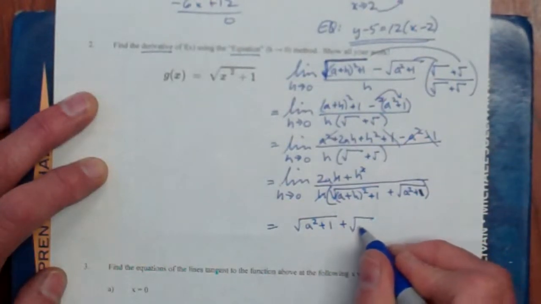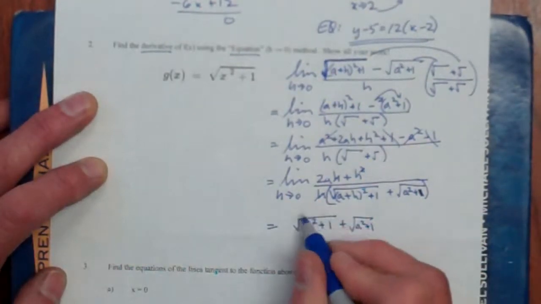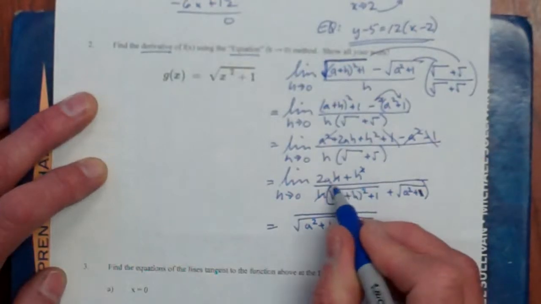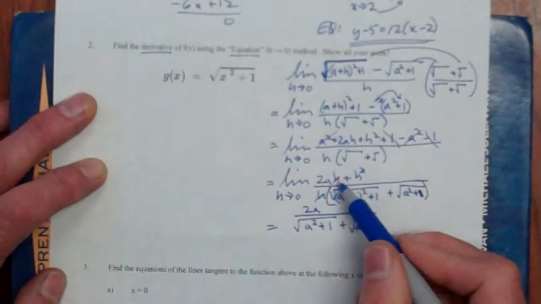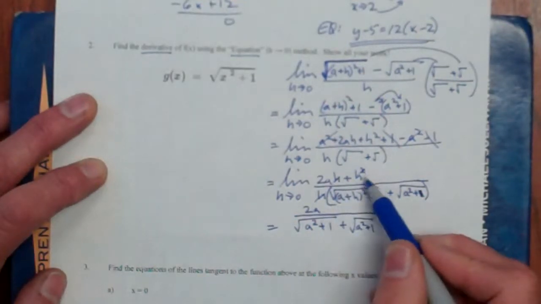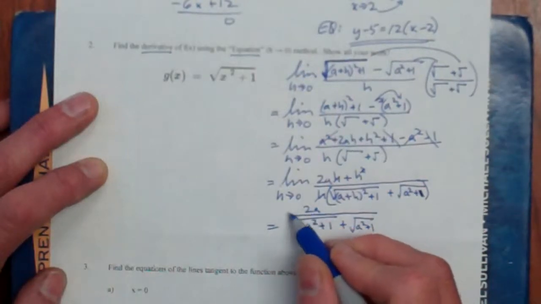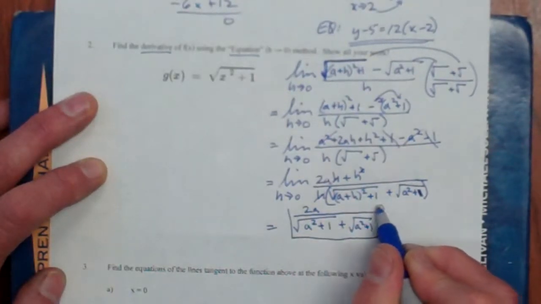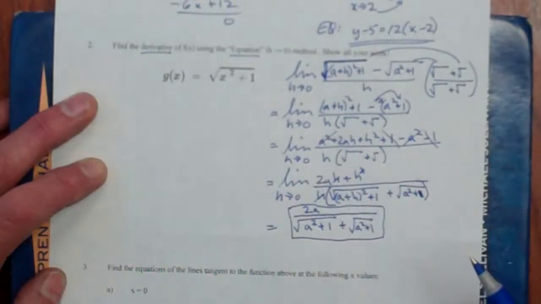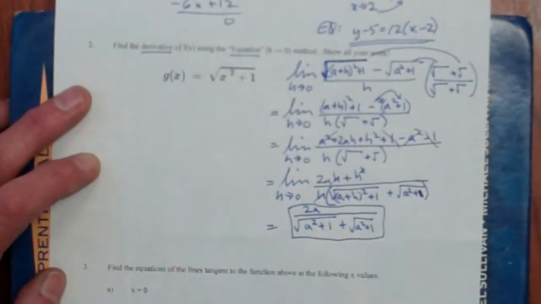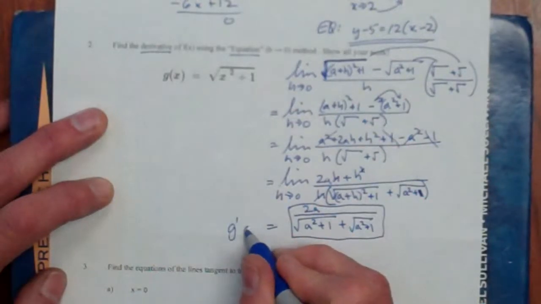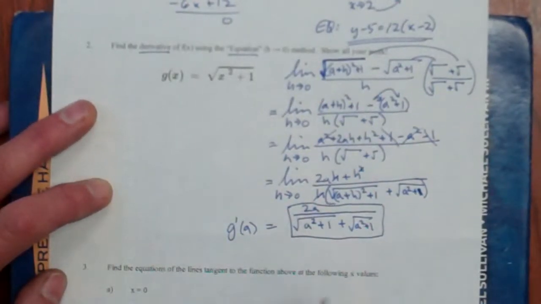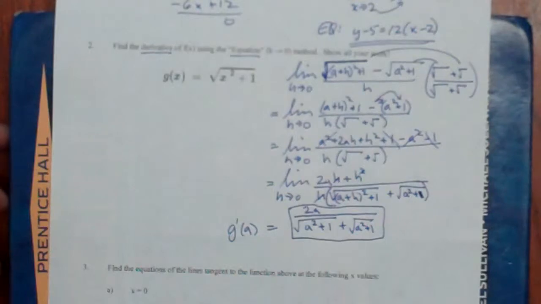I get the square root of a squared plus 1, and that's all underneath 2a, because the h cancels and it's not there anymore, and here this h only one cancels, and when h goes to 0 it goes to 0. So this is my final formula, and I'm basically done with that. That is the derivative. So you write g prime of a is equal to that.